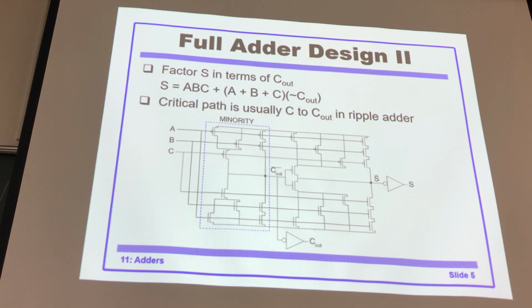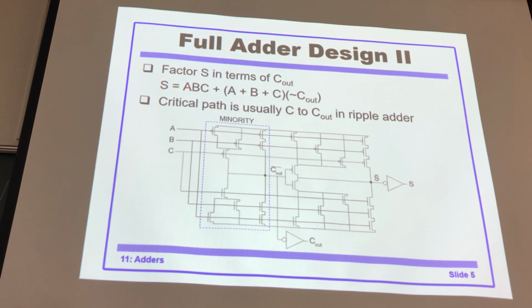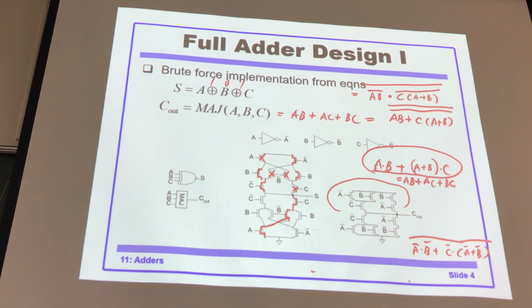However, we are trying to generate not the typical carry out and sum independently, but we try to derive some output based on A, B, C, and carry out. We are trying to put the circuit for carry out in the sum circuit. So you can simplify the circuit. You can see that the whole circuit to generate both sum and carry out should be simpler than two circuits separately. Okay?